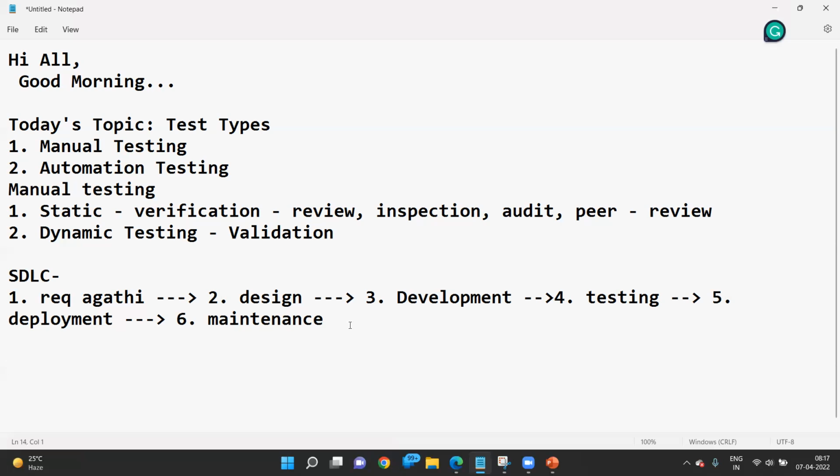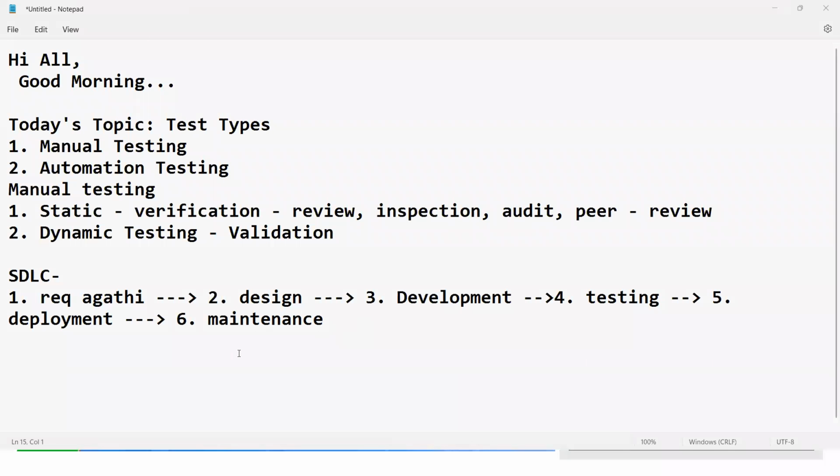How do you find them? What is the difference between an ordinary person and a tester? A tester knows how to test, how exactly we test the application through various techniques. What are those techniques? The first one is boundary value analysis.